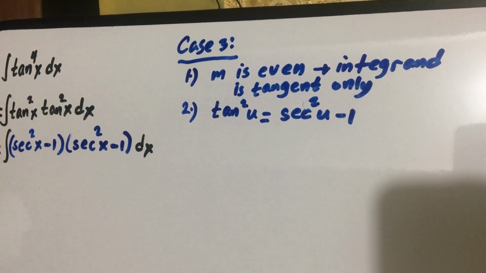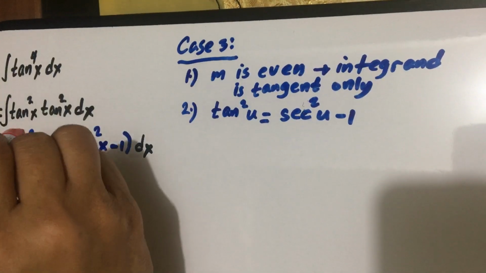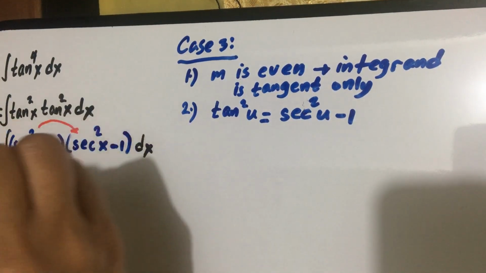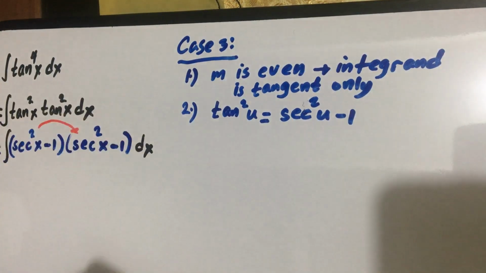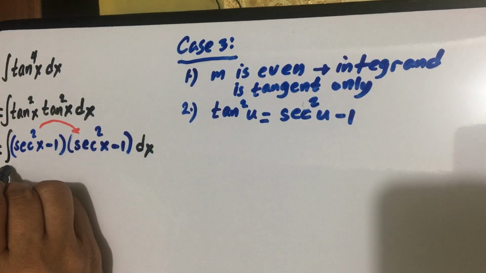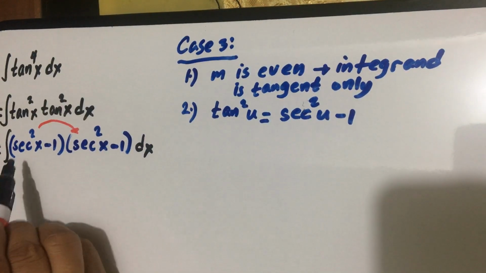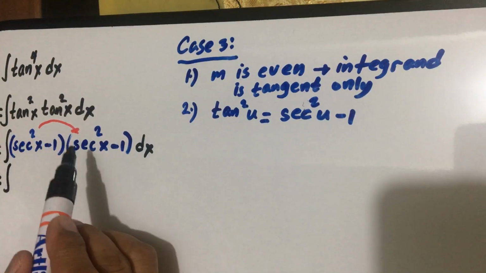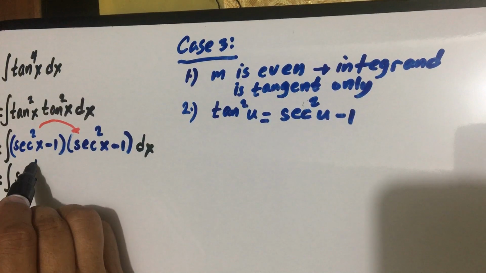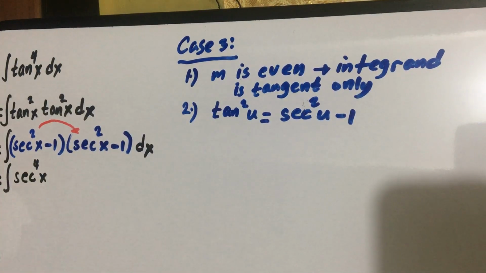So you can multiply the first term by the first term, so you just distribute the integral sign later and also the dx. The integral of secant squared times secant squared, so that is secant to the fourth x.